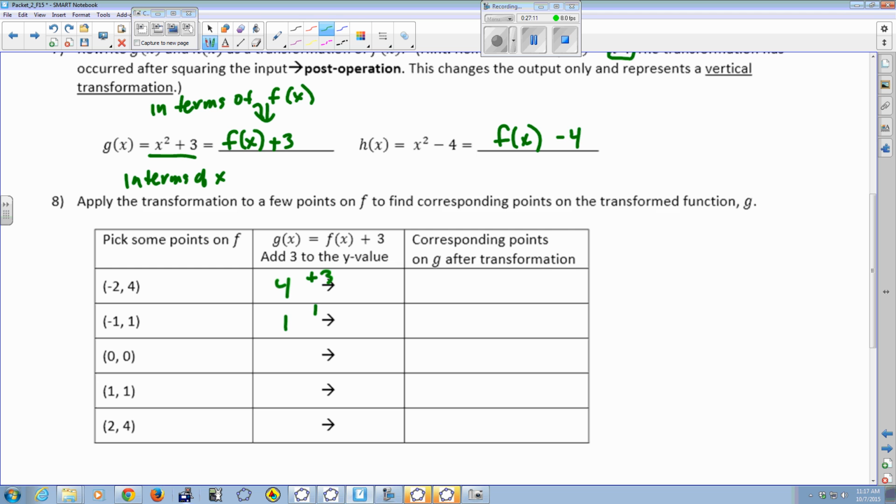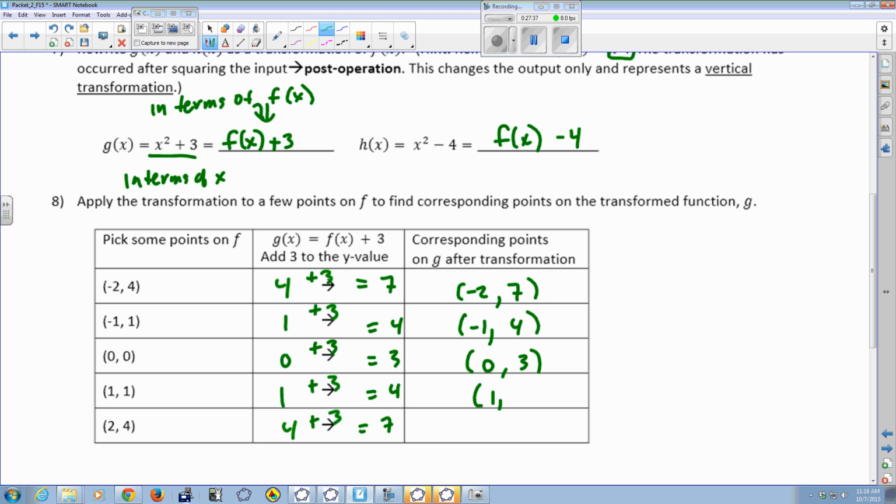So you take each of your y values from your original function, you add 3, and out comes your new output value. So now the corresponding points on your function g would look like this. -2, 7. -1, 4. 0, 3. And 1, 4. And 2, 7.